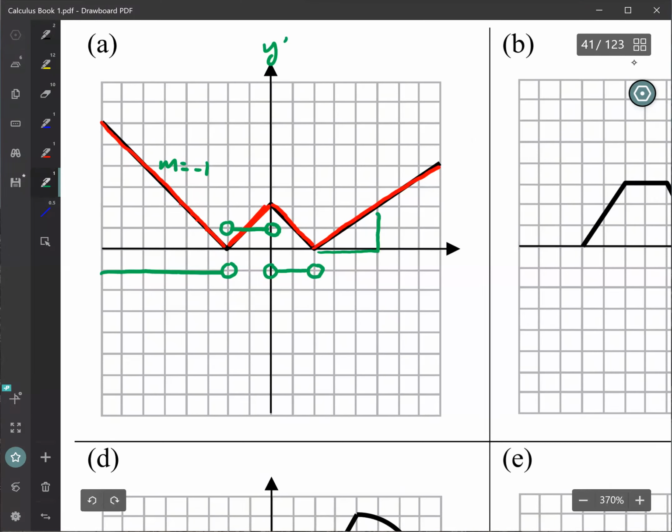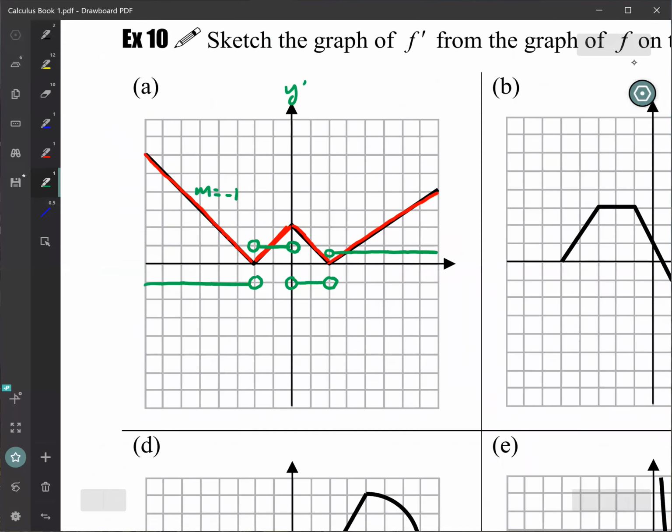You just pick 2 points, graph and count. So 2/3 will be somewhere here, and then it goes all the way to here. The green lines represent the slope values for all the slopes on the red graph.